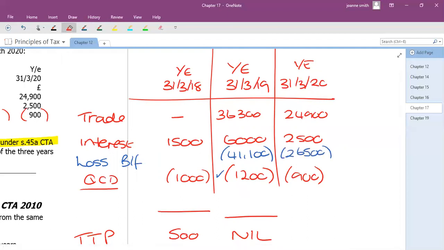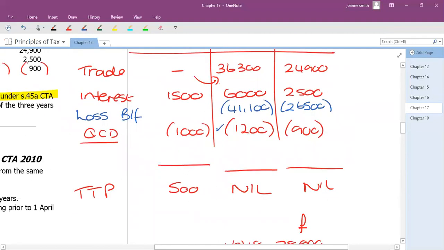The aim of loss relief is that you want to get these bottom figures to nil. I couldn't do it here because what I chose to do is carry the loss forward. I didn't want to use it in the current year, I just wanted to carry it forward. But when you carry it forward, you can select how much of the loss to use, and the aim is always use as much as you can to get that to zero without wasting that QCD.